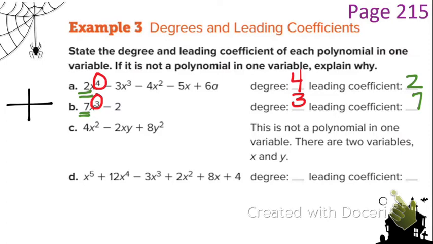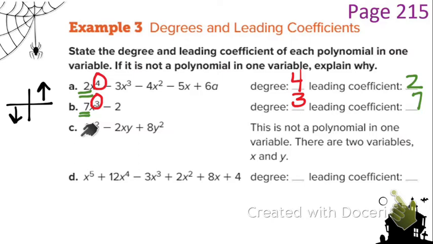Is it going to go up or down? On the right side, raise your hand if you think it's going to go up. Raise your hand if you think it's going to go down. All right, it will go up. So on the right side, because this 7 is positive, it is going to go up. And what is it going to do on the left? Is it going to go up or down? Down. It's going to do the opposite.